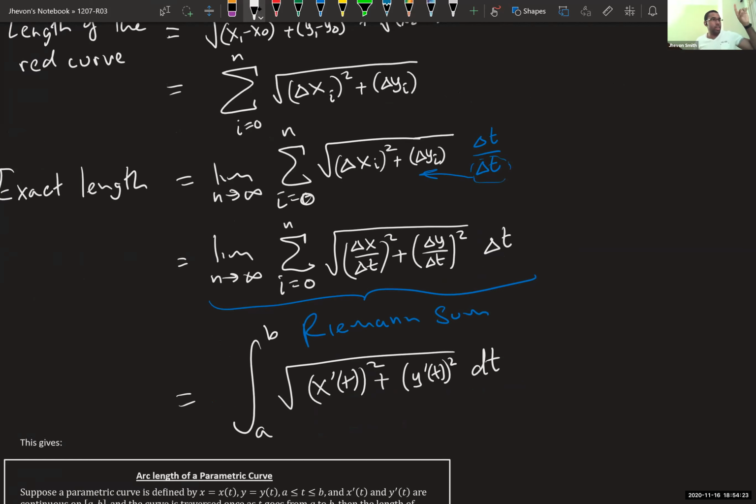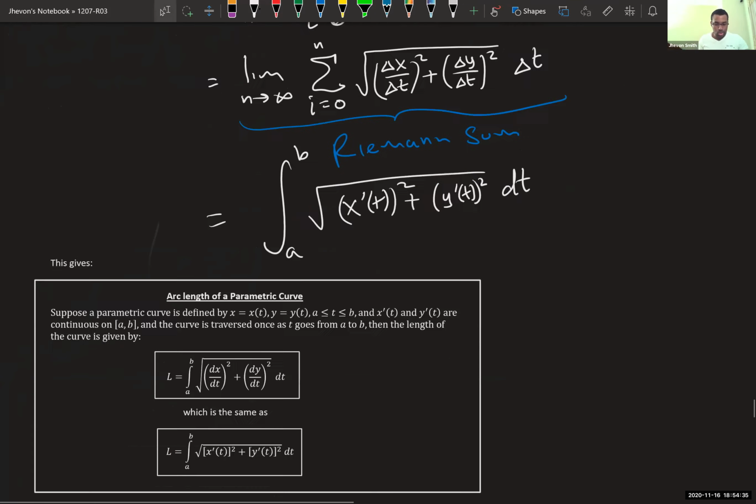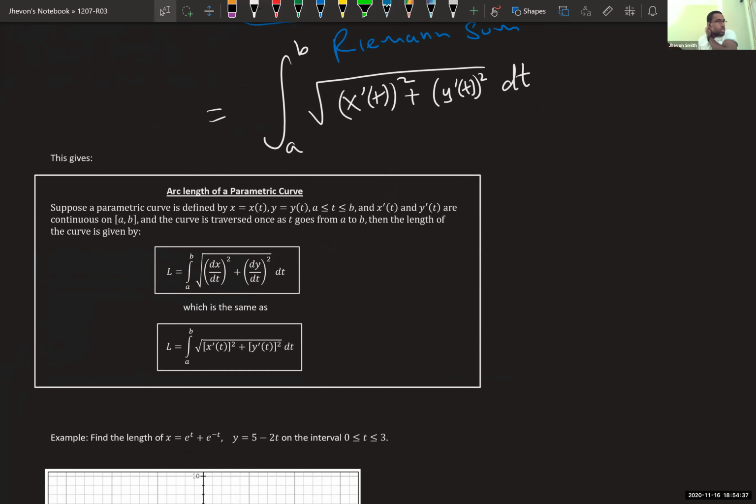It's like when you had f of xi times delta x, you take the Riemann sum of that and take the limit, you get the integral of f of x dx. Same idea. So that leads us to this equation. That wasn't in the notes last time, but I decided to type it up nicely. So if you want to find the length of a parametric curve, this is how it's done.